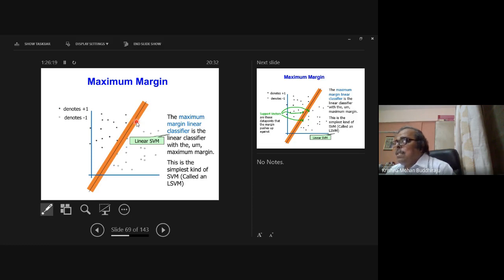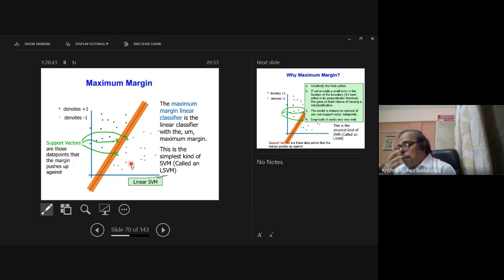So your task is to search for that class boundary for which the margin is maximized. And what is the constraint? The constraint is that all these samples should be on one side, all these samples should be on the other side. They are the constraints for you. Essentially this is the principle of a simple linear support vector machine.